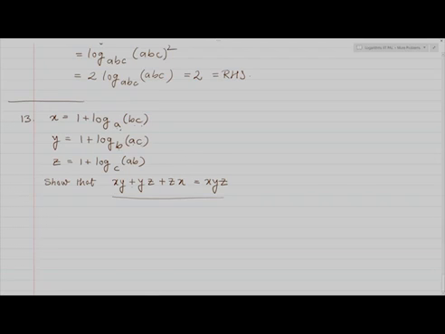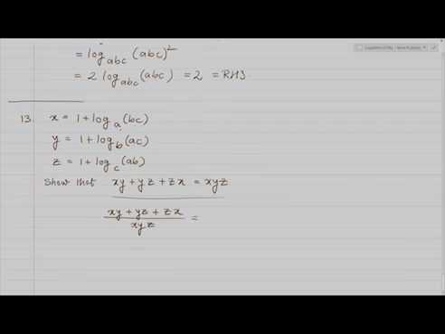So this is equivalent to, if I divide by xyz, assuming x, y, z are non-zero, on both the left hand side and right hand side, xy plus yz plus zx upon xyz.